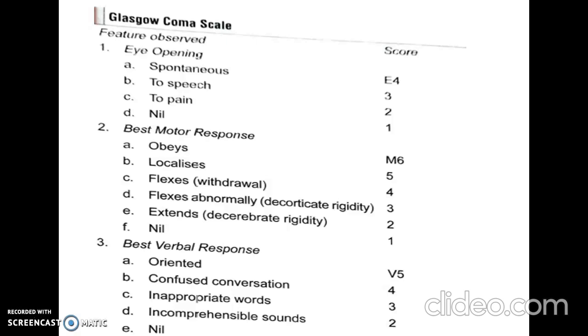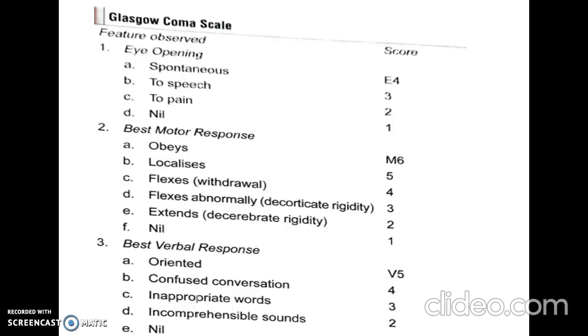Then coming to the next, the best verbal response. Upon verbal communication, if the patient is well oriented, V5 will be given. 5 is the highest score in verbal response. If the person is confused, then 4 will be given.